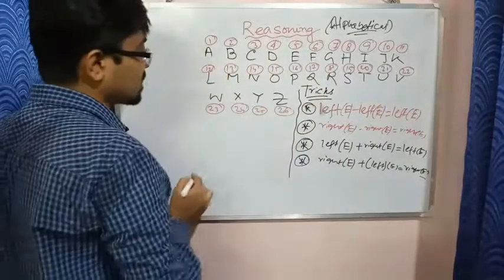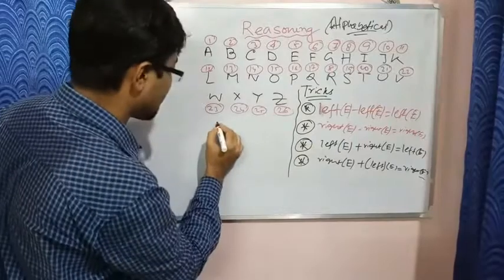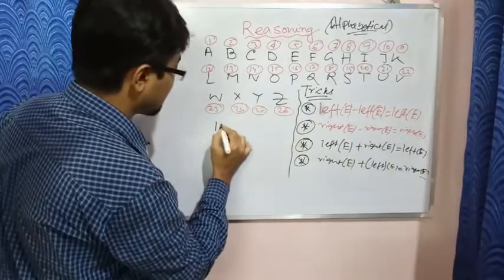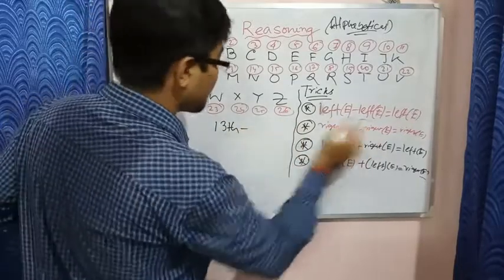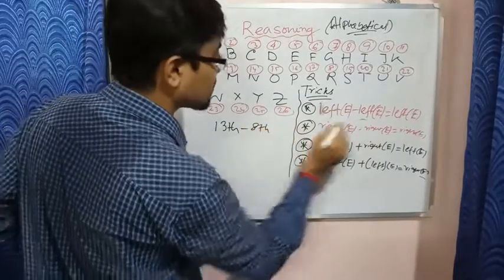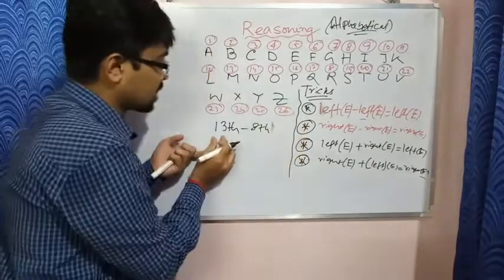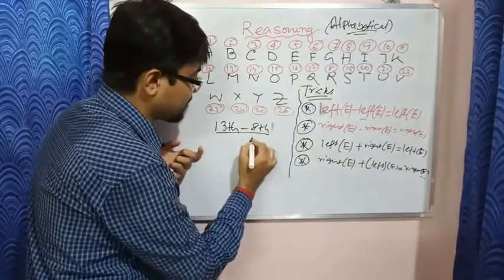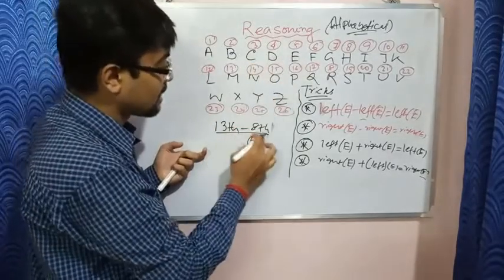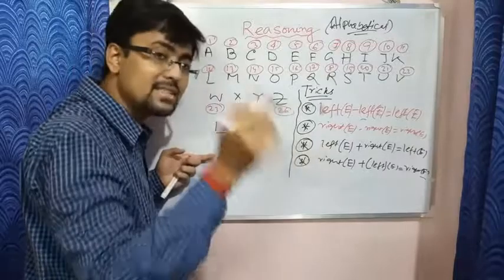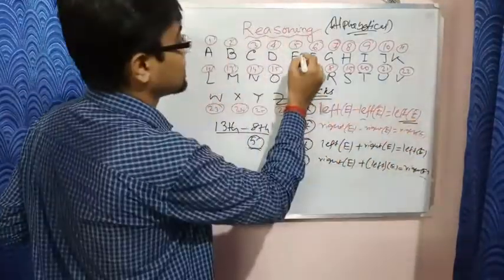Suppose the question is 13 element from left minus 8 element from left. So 13 minus 8, that means the 5th element. So the 13th element from left minus the 8th element from left is the 5th element from left. So the answer is E.